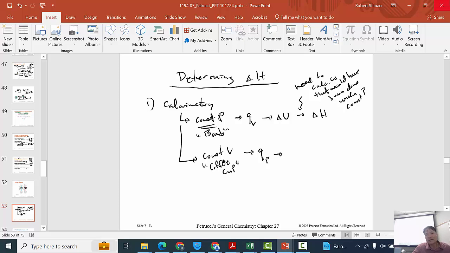There's no tax, there's no bonus. So we had a zero tax environment. And so when you have a zero tax environment, then delta U and delta H are the same. And so we'll have different scenarios. So for example, let's go back up here. Delta U, let's say absolute value, is greater than delta H if there's a tax.